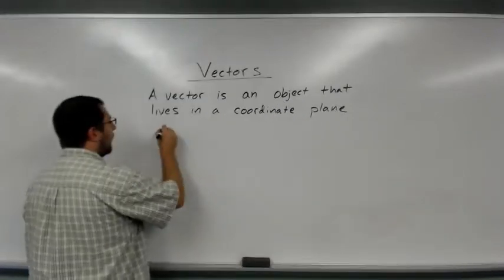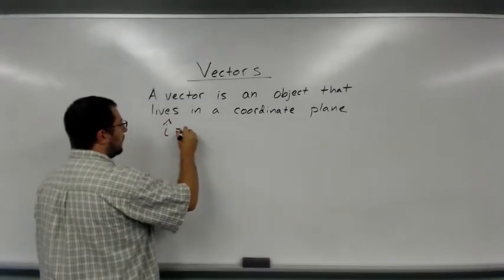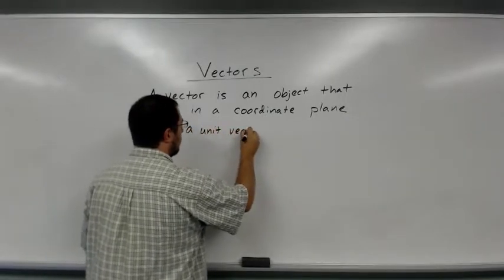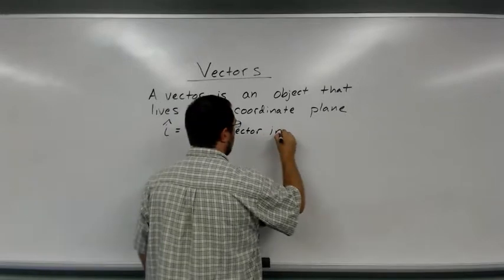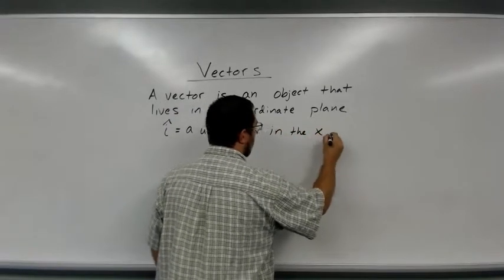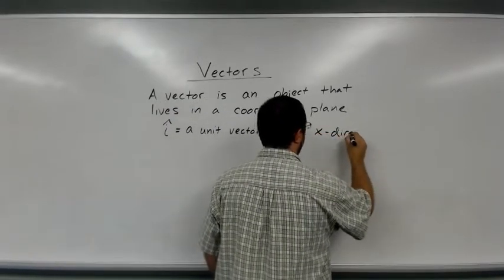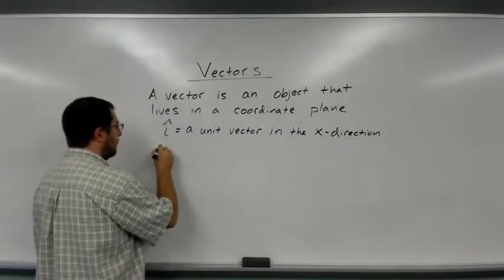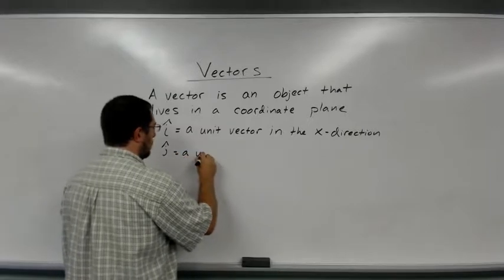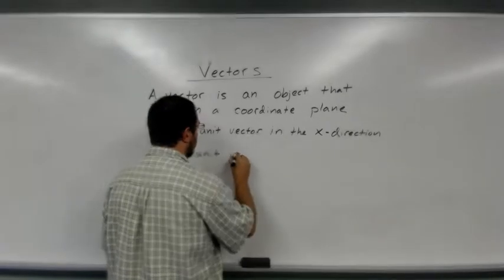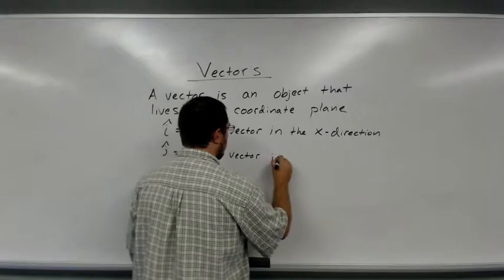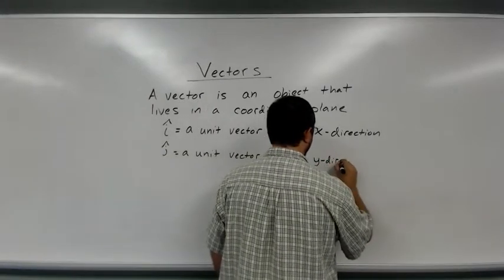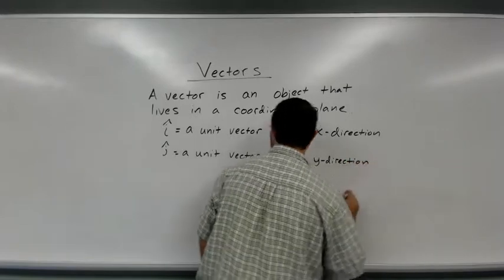So, i hat is a unit vector in the x direction. j hat, a unit vector in the y direction.